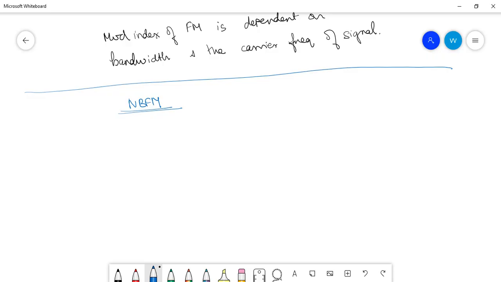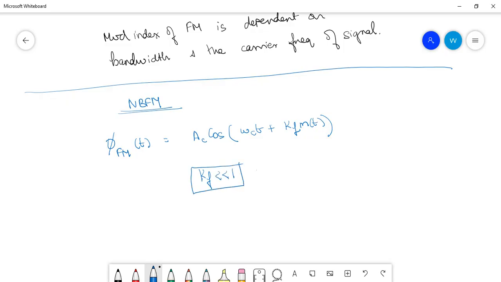First, if the value of your constant kf is less than 1, say your phi fm(t) is given as AC cos(omega ct plus kf mt). You can see that this is actually the phase modulated version, but this is how it is denoted. So if this constant kf is less than 1, we can go for something called narrow band FM.